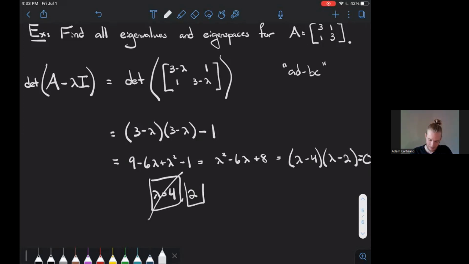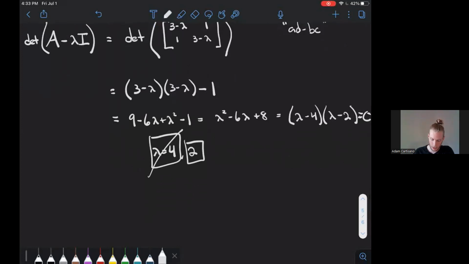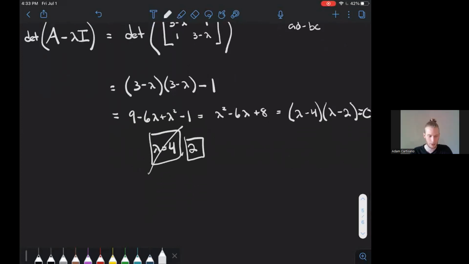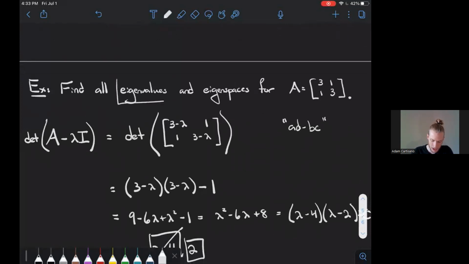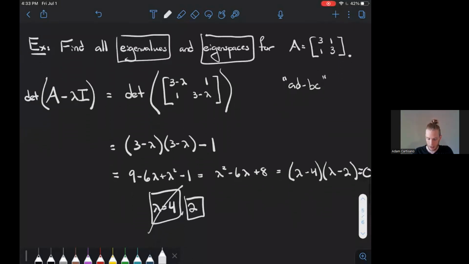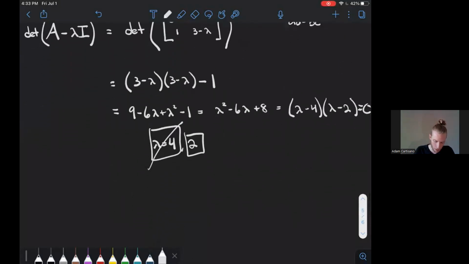We already did this one. So here's the other one. Lambda equals 2. Now we want to go and find all eigenvalues and eigenspaces. Great. We already found the eigenspaces for the first one. So E4, let me just remind you, we didn't have the language for it, but it was the span of 1, 1.